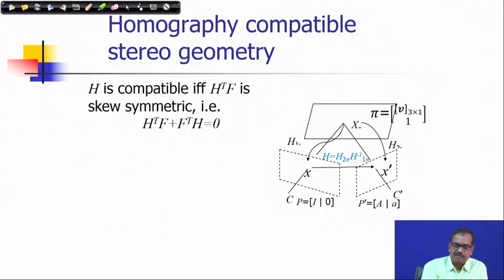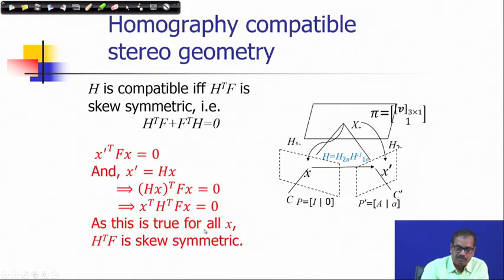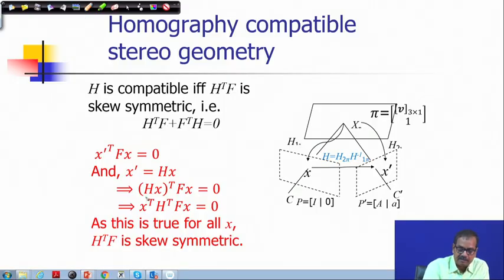So, that is one of the interesting properties, one of the features of the skew symmetric matrix: the transpose of that matrix is a negation of the matrix. So, if we add the transpose, you should get 0. This can be shown in this form, as a proof: since x prime transpose F x equals 0 and x prime is H x, H x transpose F x equals 0.